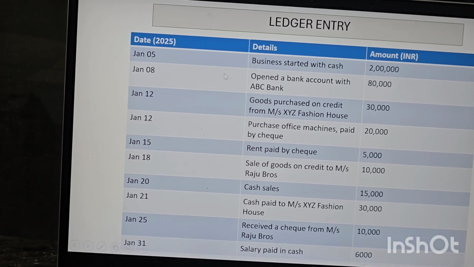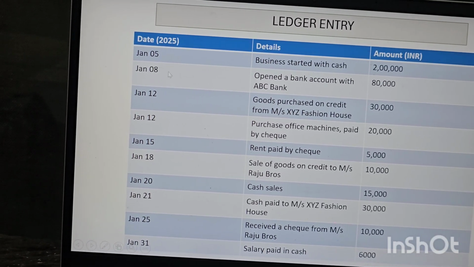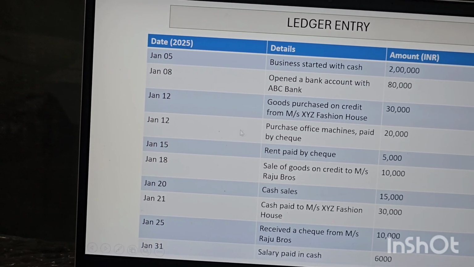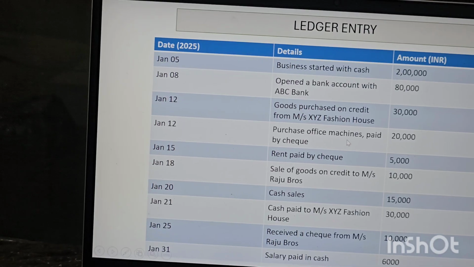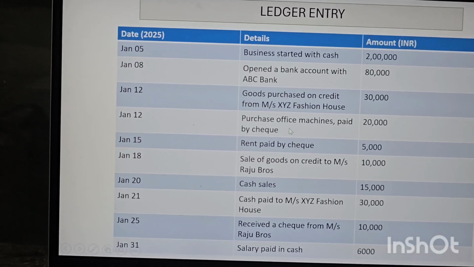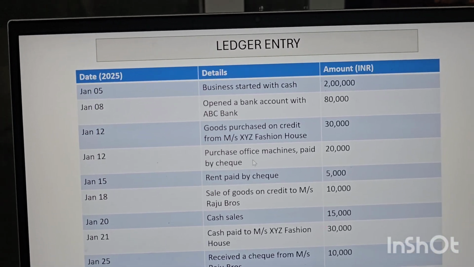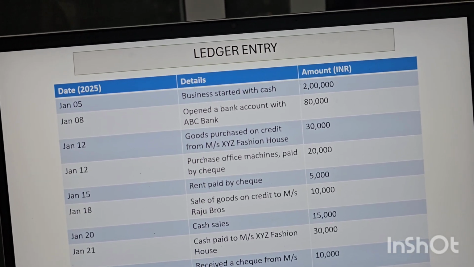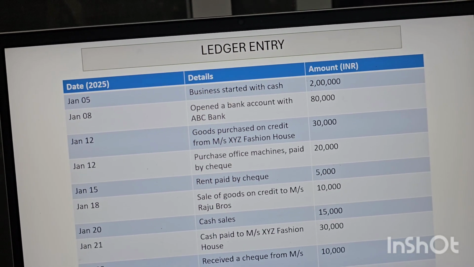Similarly, on 8th of Jan, bank is getting involved, and then on 12th of Jan, purchase of machinery through cheque, that means again bank is getting involved. In a similar manner, there will be multiple days where multiple transactions will be happening and similar accounts might be getting used.